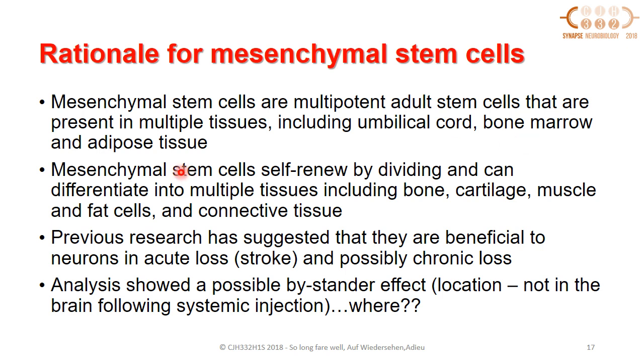We can reprogram them from the adult stage as well. They are self-renewing, they divide, they can differentiate into a number of different tissues, but just as I told you earlier, stem cells normally favor the type of cells that exist in whatever niche they're found in. So neural stem cells will eventually form cells that are found in the brain because they're neural stem cells.